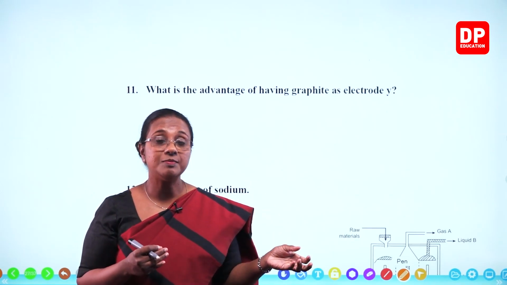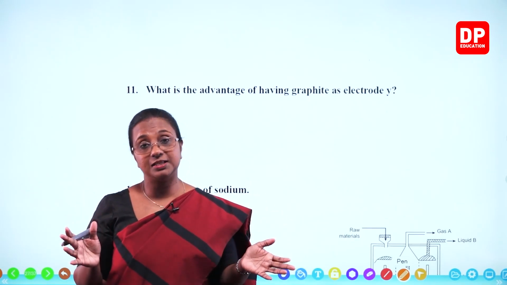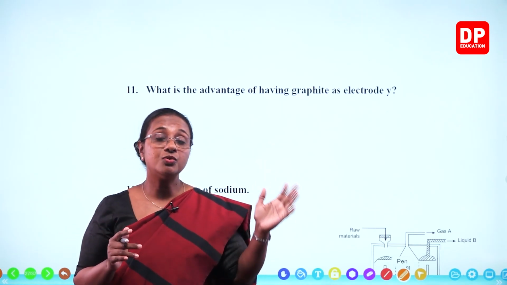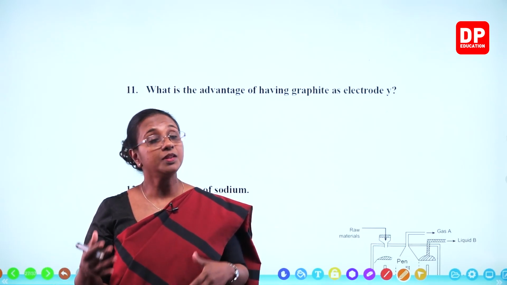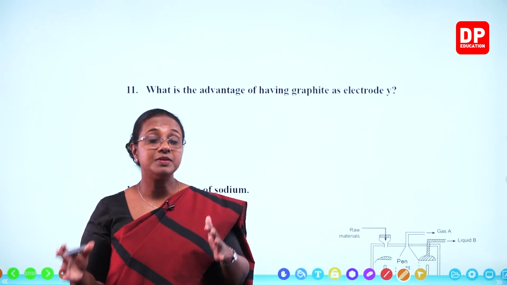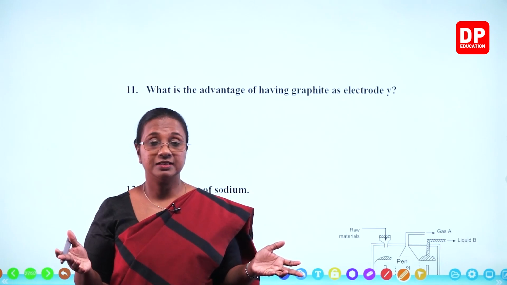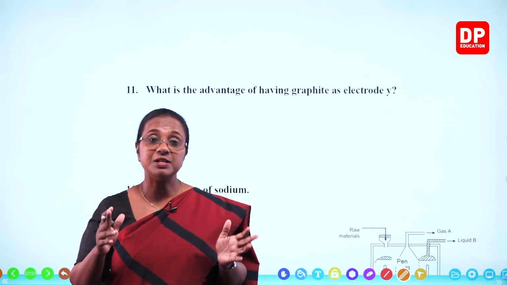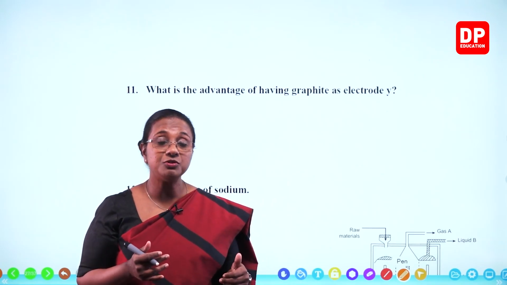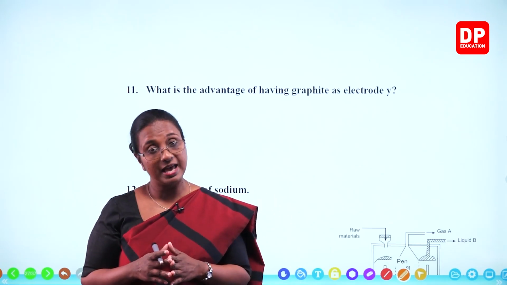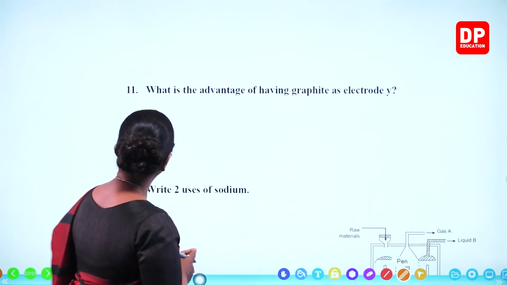Now both sodium liquid and steel are metals, and sodium is more reactive than iron or steel. But sodium does not react with iron. Because of that, they are able to use steel as the cathode and they have to use graphite as the anode. So that is what you need to remember.